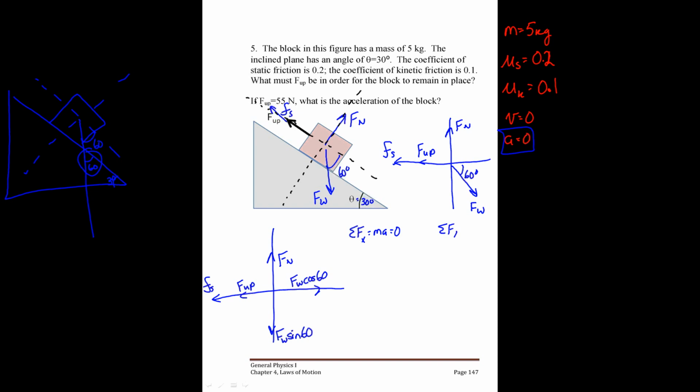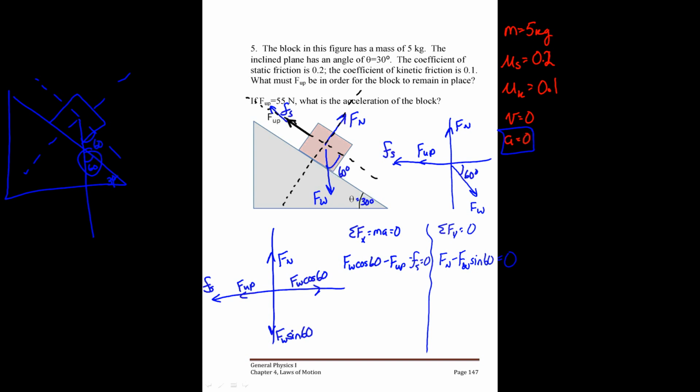And then I can also say the sum of the forces in the y direction is equal to 0. So let's do the x direction first. I have Fw cosine 60 minus F up minus Fs equals 0. And then the sum of the forces in the y direction is Fn minus Fw sine 60. All right, now that's equal to 0.